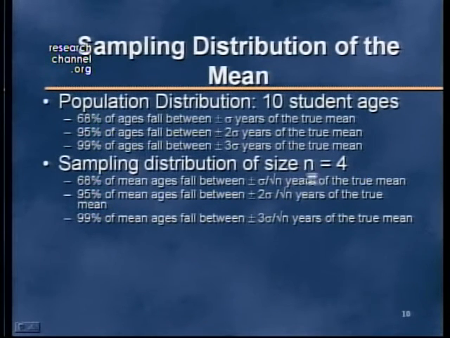So in this case, when little n is equal to 4, the sample size is equal to 4, the sampling distribution is one that tells us 68% of the mean ages would fall between plus or minus sigma over the square root of n years of the true mean. 95% of them would fall within plus or minus 2 sigma divided by the square root of n years, and 99% fall within plus or minus 3 sigma divided by the square root of n. Now, what do you notice as the difference between the population distribution and the sampling distribution?